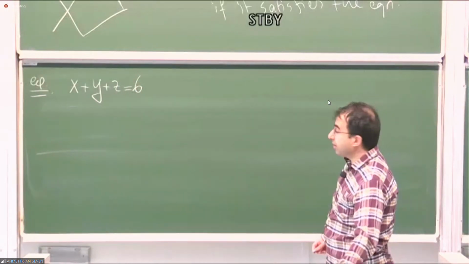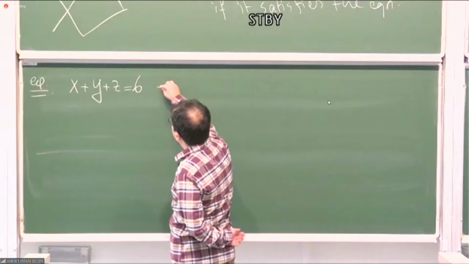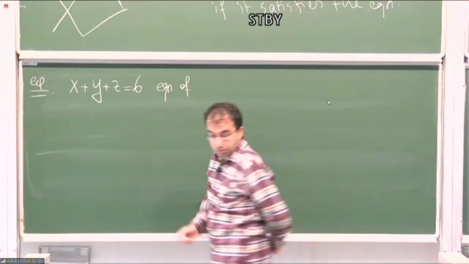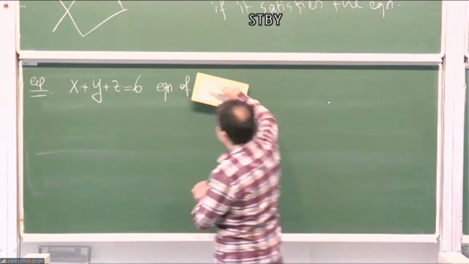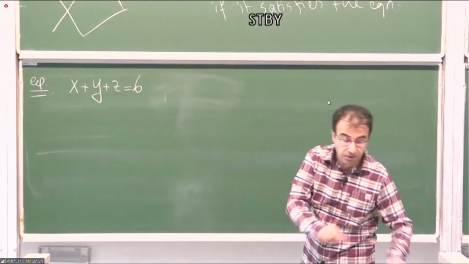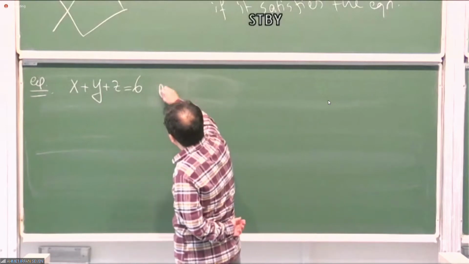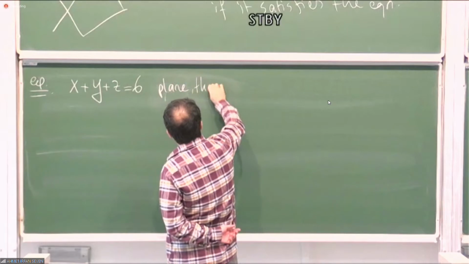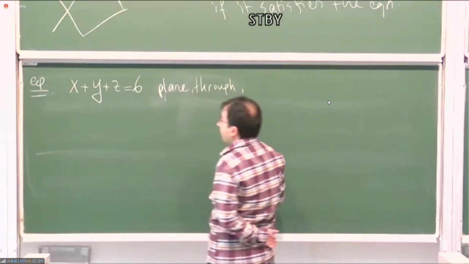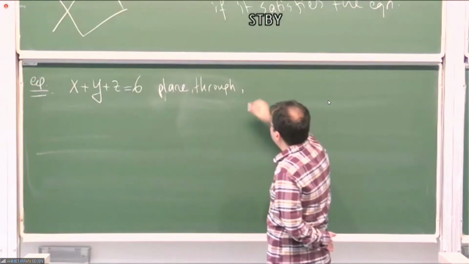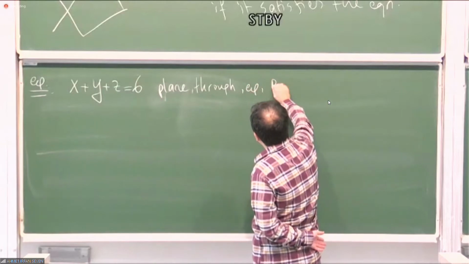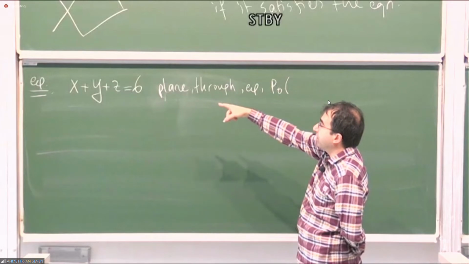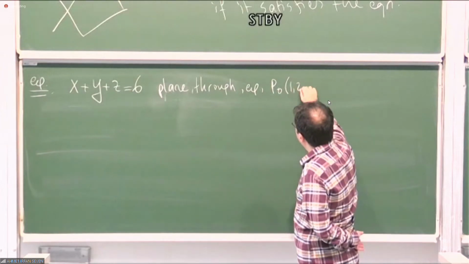Well, this is an equation of a plane, which passes through, let's write one point on this plane, for example, (1, 2, 3).